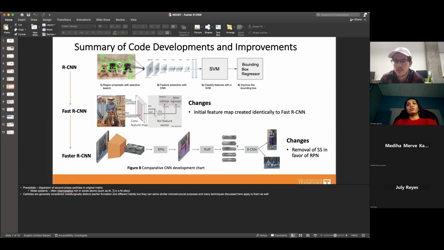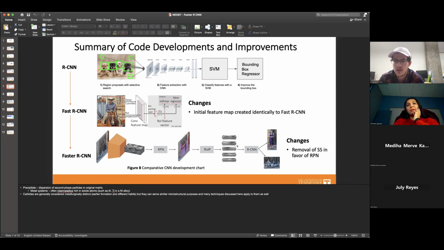Yeah, the change is removal of SS in favor of RPN. Removal of selective search in favor of RPN. So it's using the informed convolutional neural network scheme to do region of interest proposals. Right. This is a little bit unclear, like RPN and what is happening after features are extracted. You converted an image to a low resolution image, done.